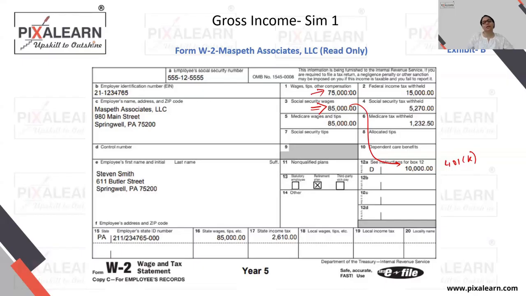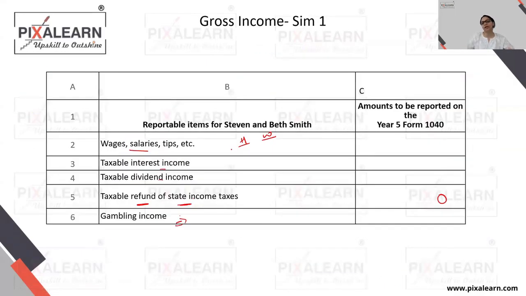Okay, now here's the key thing. The figure that gets reported in wages is not 85K. It is 75K. Please remember that the figure that will get reported is not 85K. It is the figure net of the deduction. That's the first thing I want you guys to register.